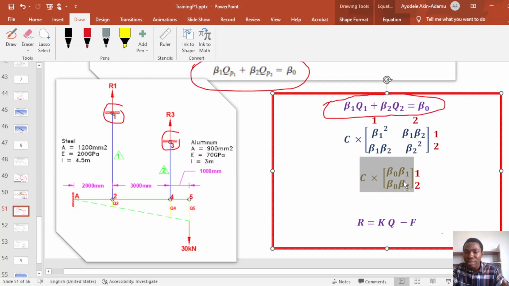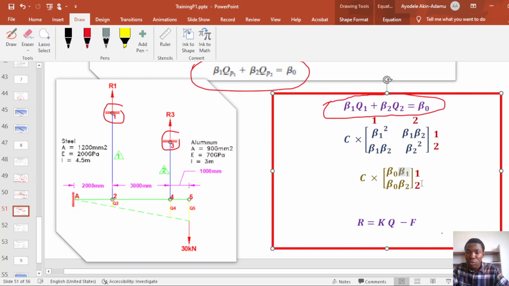The vector is defined as beta naught multiplied by beta 1, beta naught multiplied by beta 2. So we need to add this at node 1 and node 2 in the force vector. I'm going to explain this in the MATLAB code, and even in my next PowerPoint slide.